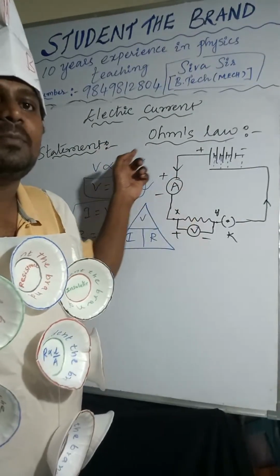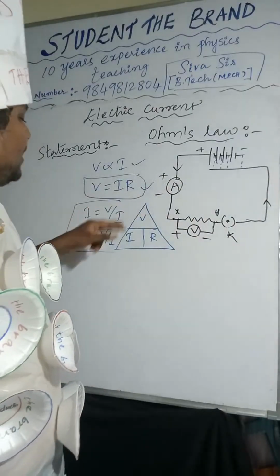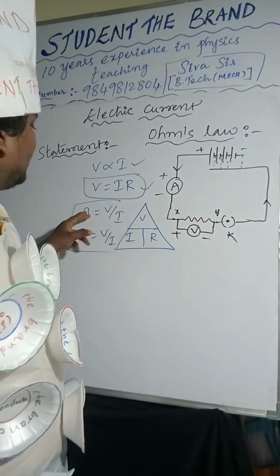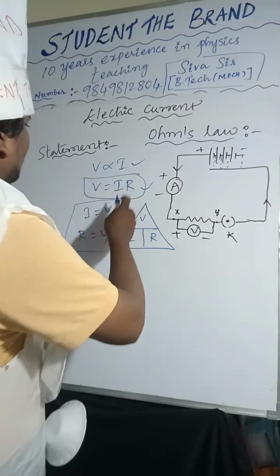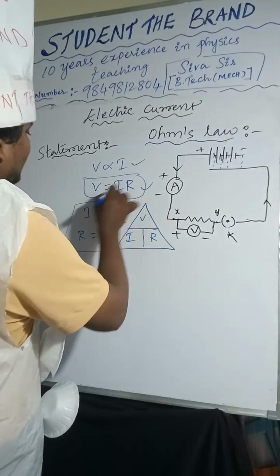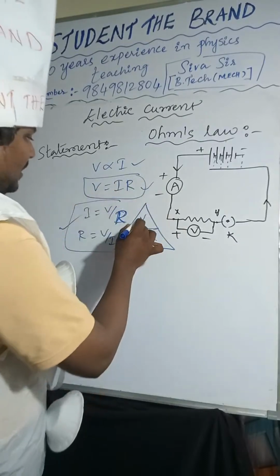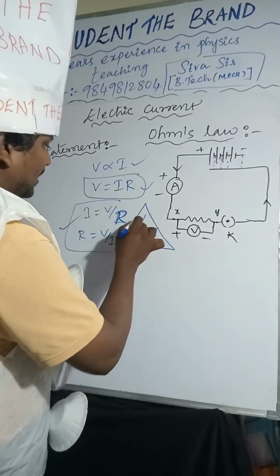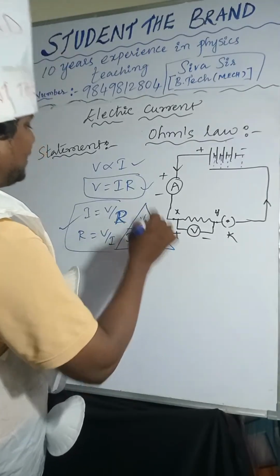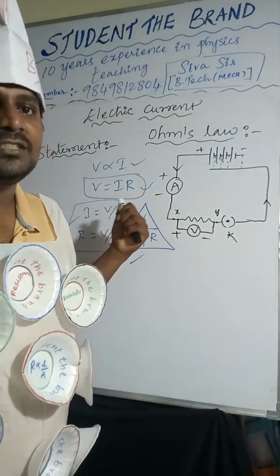V is directly proportional to I, V equals IR. So I equals V by R, and R equals V by I. Very important. Make sure that you learn this one.